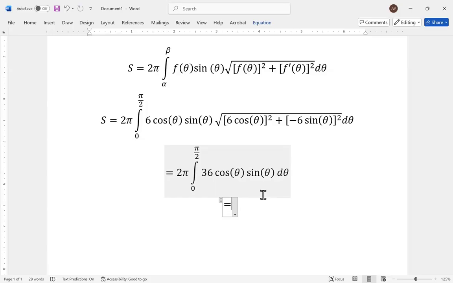Whichever way you feel most comfortable, you can type it in that way or do it by hand. Again, it's not hard to do by hand if you wanted to do that. In this case, you get 36 times pi.